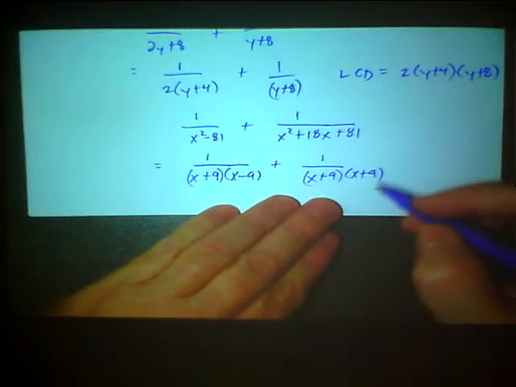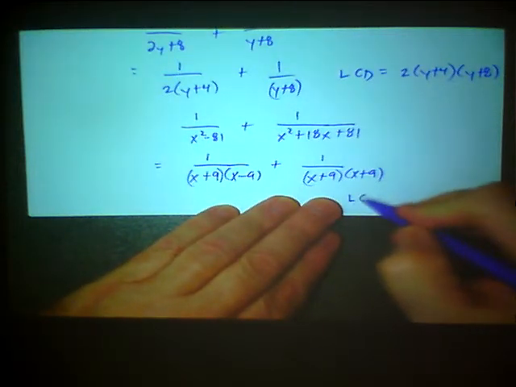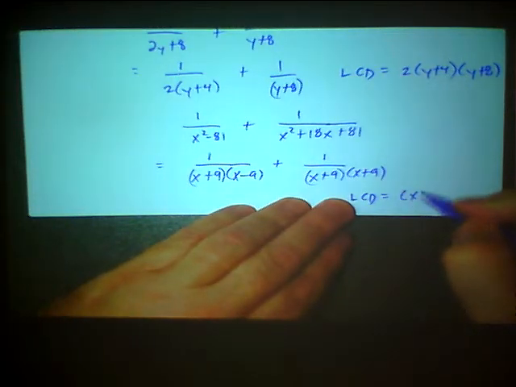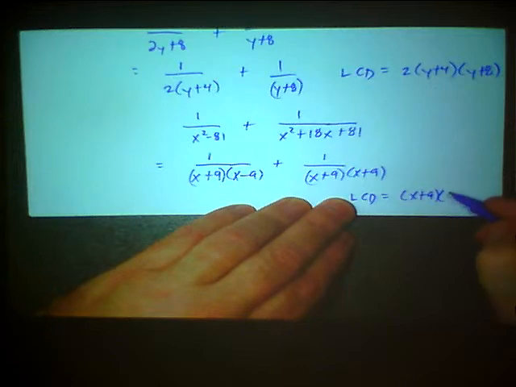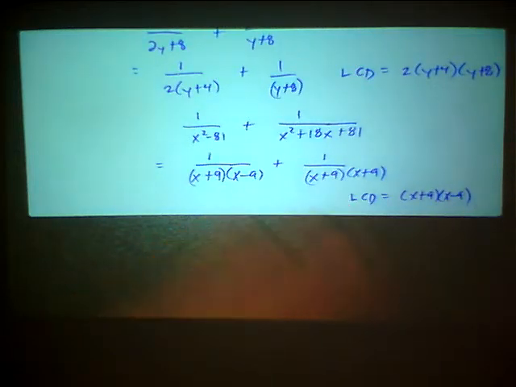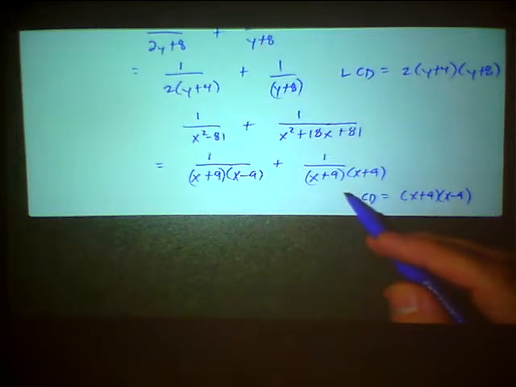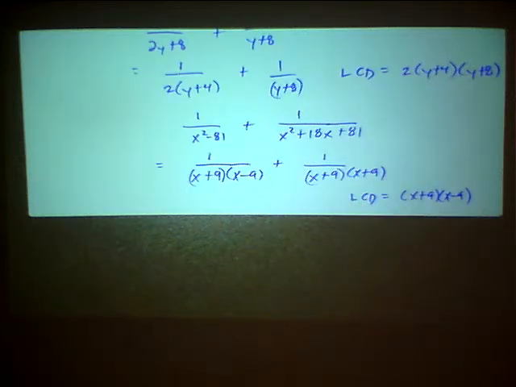So now what would the LCD be? Just follow the same process. You write down the whole first denominator: x plus 9 times x minus 9. And now I go look at my second denominator. What does my second denominator need to have? x plus 9 times x plus 9.